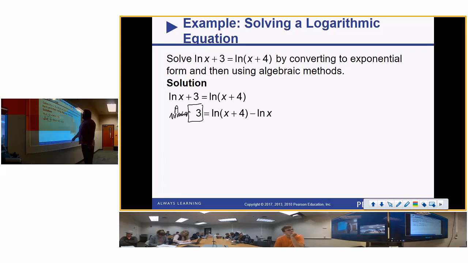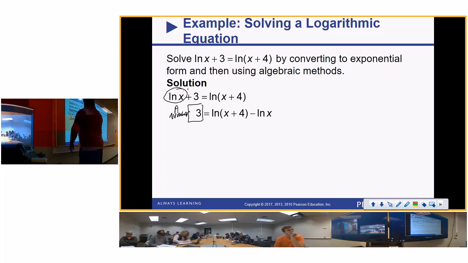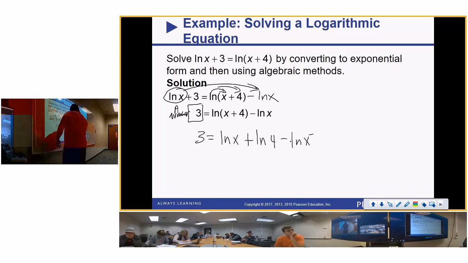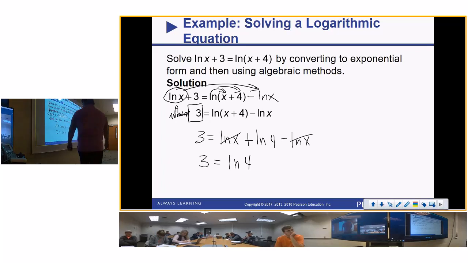Now, what did they do? They brought the natural log across the river. Now they're going to distribute, and that's going to be 3 is equal to the natural log of x plus the natural log of 4 minus the natural log of x, and natural log of x cancels. Natural log of 4 is equal to 3. That shouldn't be right. That's not right.